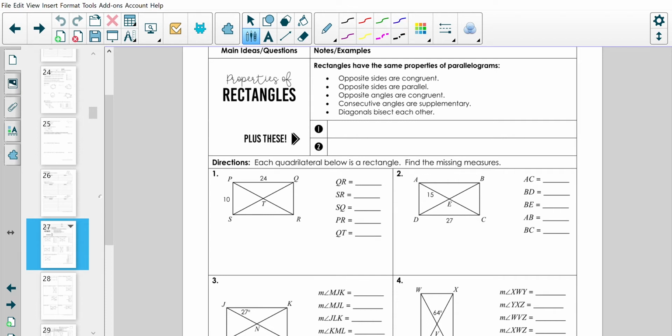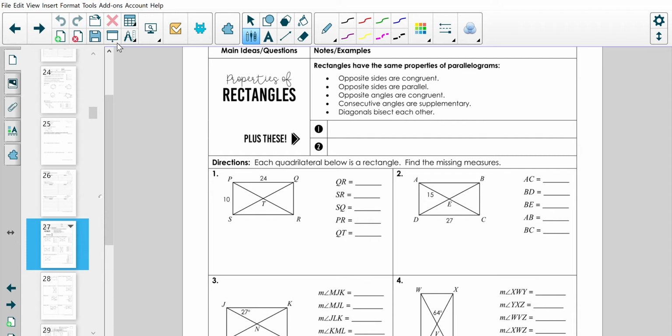Okay, so today we are looking at properties of rectangles. We know that they have the same properties as a parallelogram, which we learned last time. So opposite sides are congruent, opposite sides are parallel, opposite angles are congruent, consecutive angles are supplementary, diagonals bisect each other.